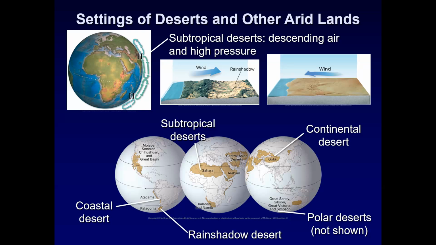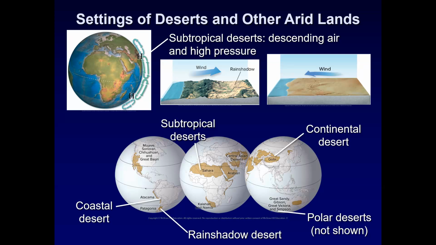You have general atmospheric circulation bringing dry air into the subtropics. That's the case in the Sahara. And then rain shadow deserts, again, that's where moist air rises over the mountains, it rains, and as the air descends on the downwind side, it dries out. So the Patagonia Desert is an example of a rain shadow desert.